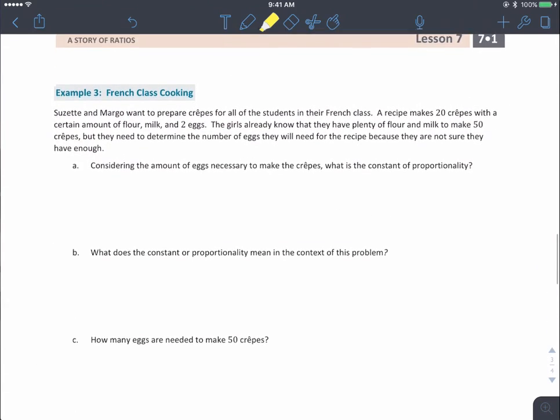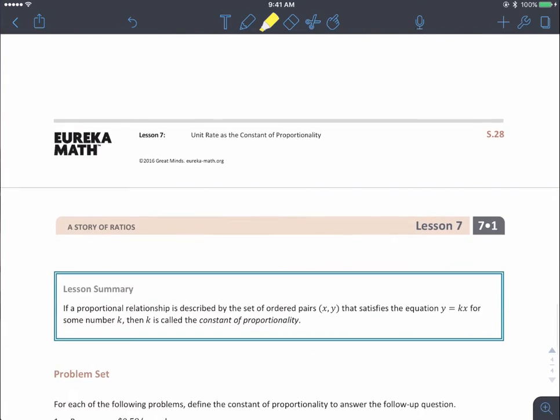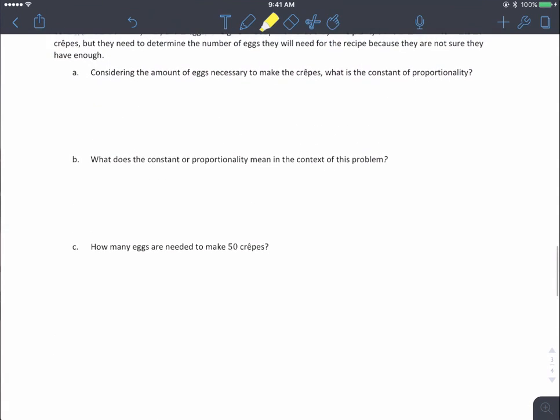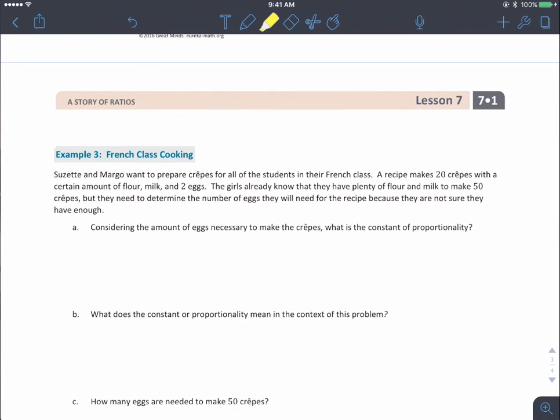Example 3, it talks about cooking. So go ahead and work on those two for the rest of the period. Make your tables. Try and find the unit rates. And then for homework, try to work on your problem sets. Okay? All right, have fun.